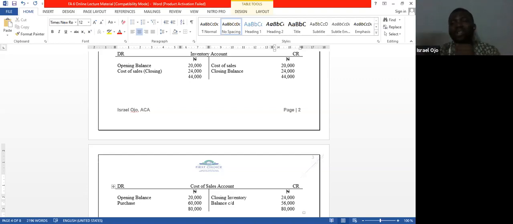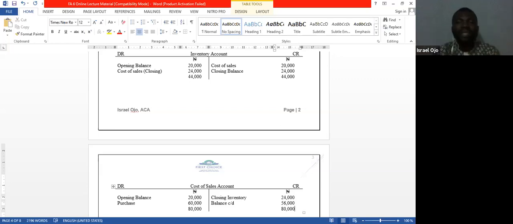At the end of the year, I have 24,000 naira left. So my 80,000 minus my 24,000 gives 56,000. This 56,000 is the cost of the items that I've let go, that I've sold off.